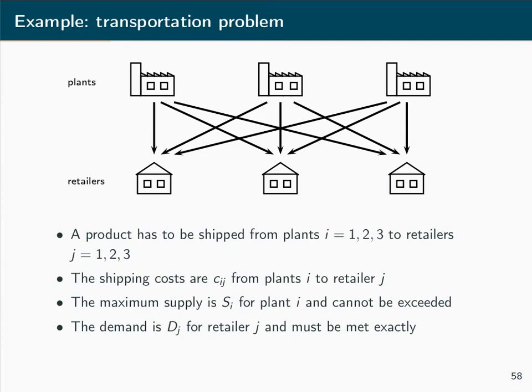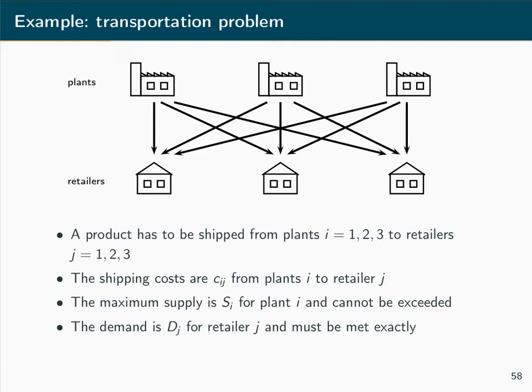The shipment of a product from a plant to a retailer incurs transportation costs, and since the plants and the retailers are set up in different locations, the shipment costs differ depending on the plant that we're shipping from and the retailer that we're shipping to.